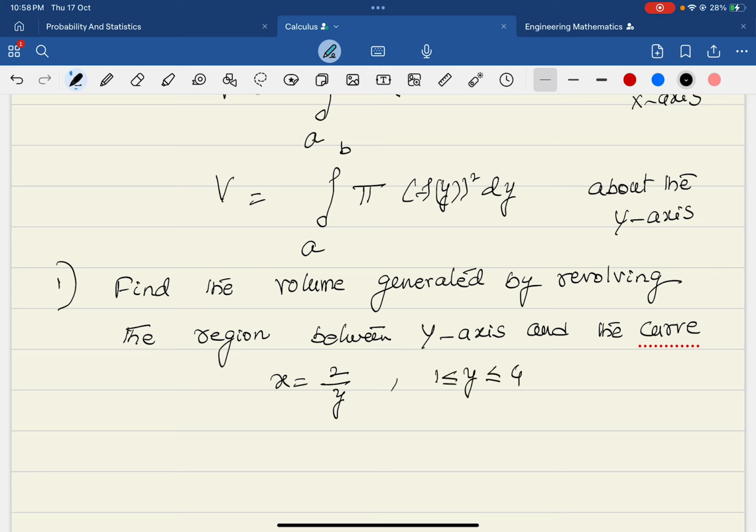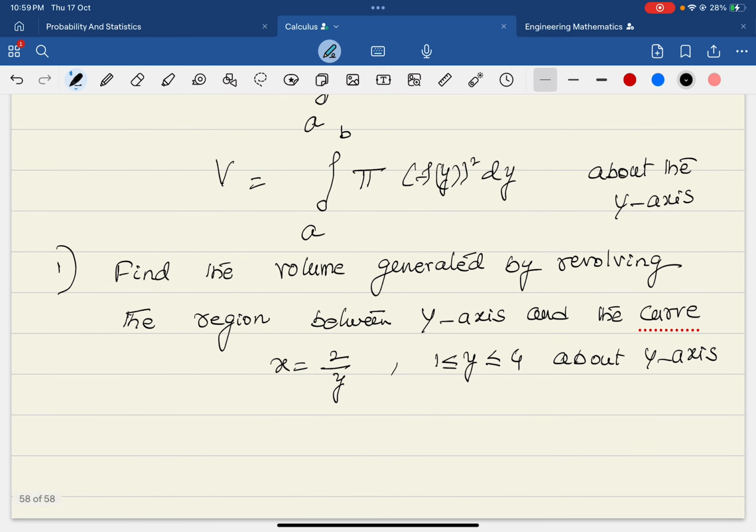So this is the question, about the y-axis, that is already given. It is clear that the revolution has happened about the y-axis and hence the solid is generated.